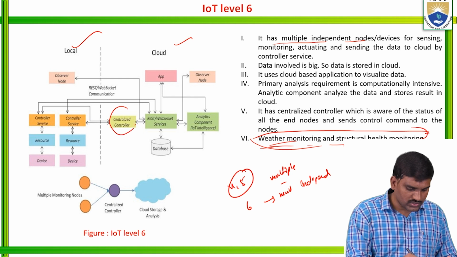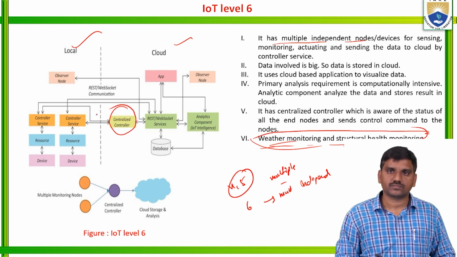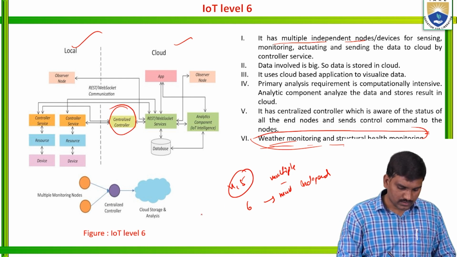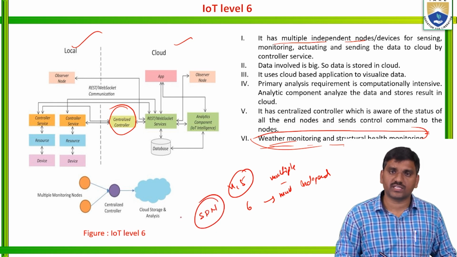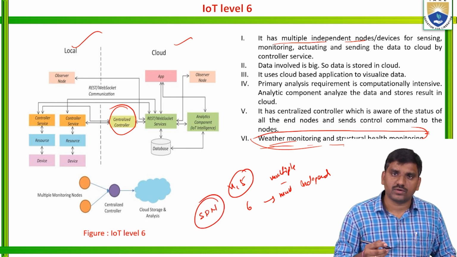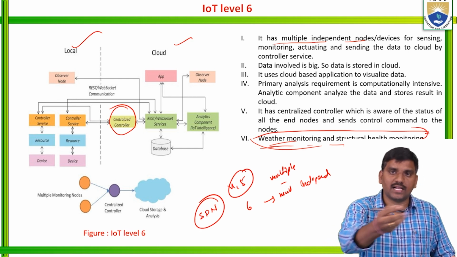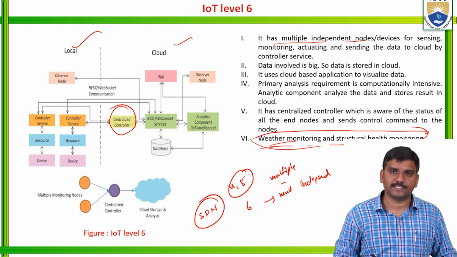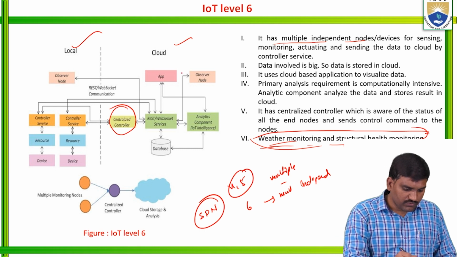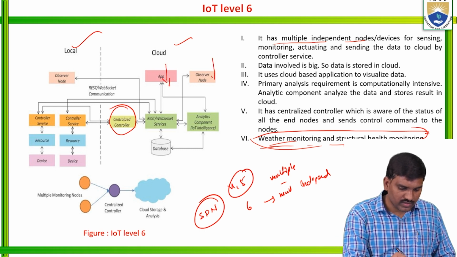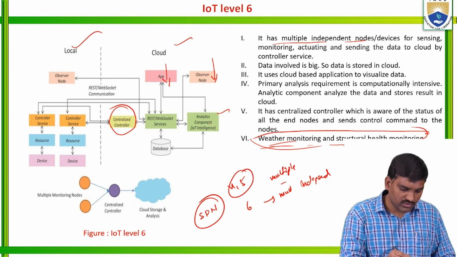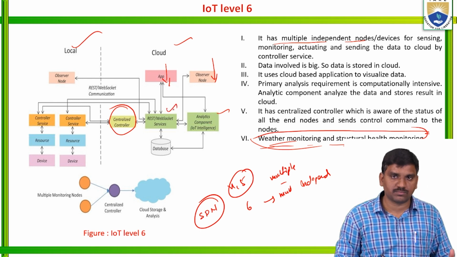Here we have a centralized controller like software defined networking. In software defined networking also we have a centralized network to control all the clients. So here the application is same, server node is same, analytic components is same as in IoT level 5, REST based or WebSocket communication protocols.